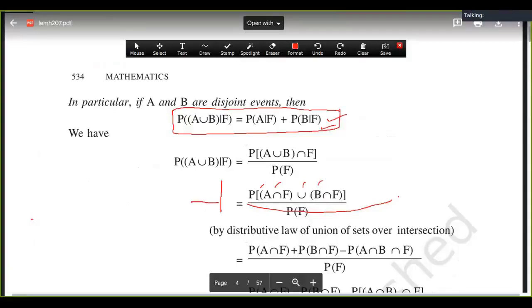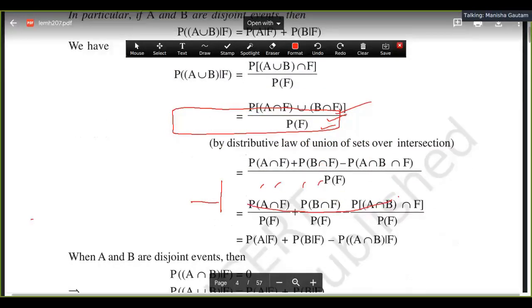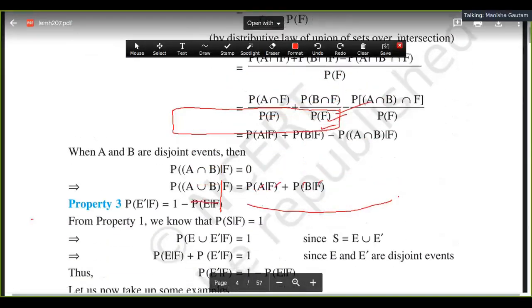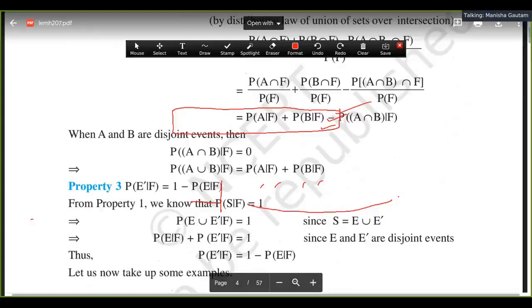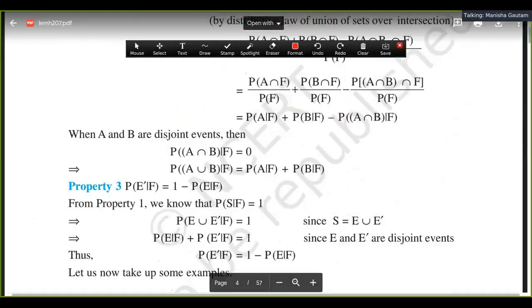The intersection is 0, so the third term is 0. This can be written like this. This is a proof. Now here the intersection is 0, as we have discussed, so only two terms are there.